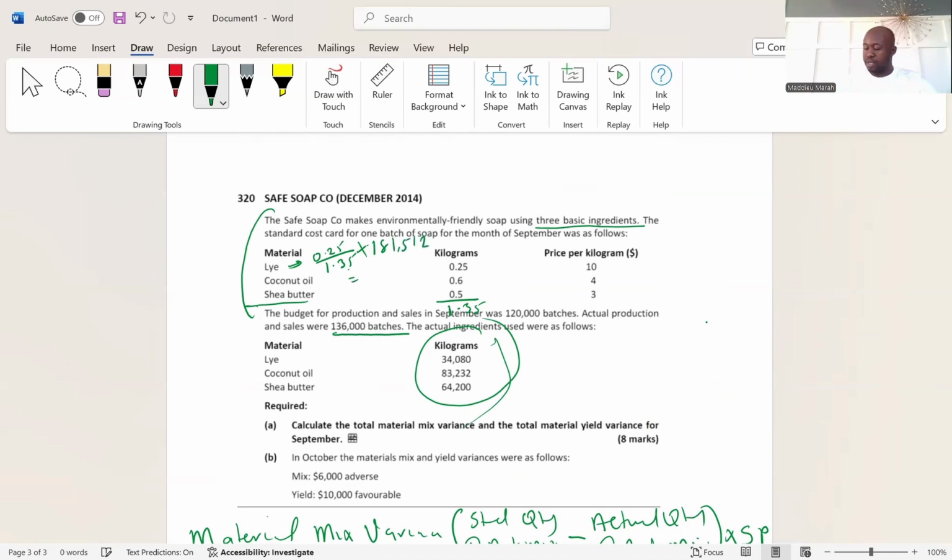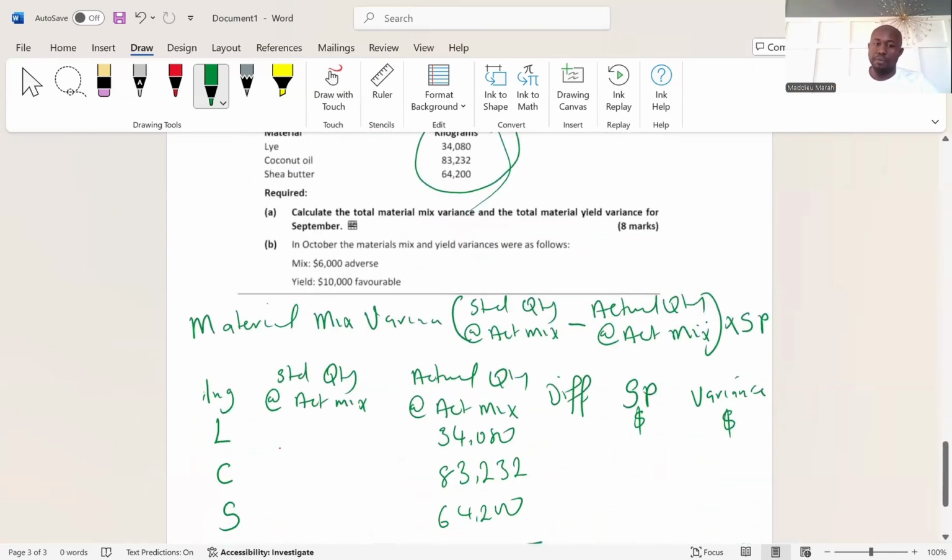Okay, what does it give me? This will give me 33613. That's my lime.